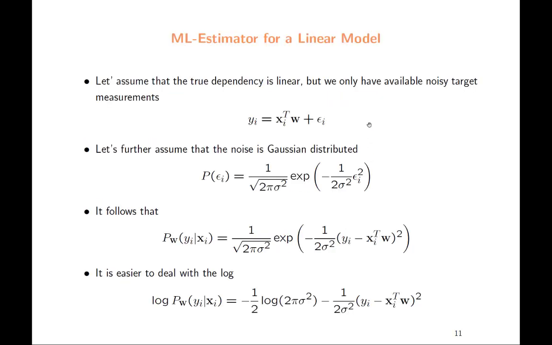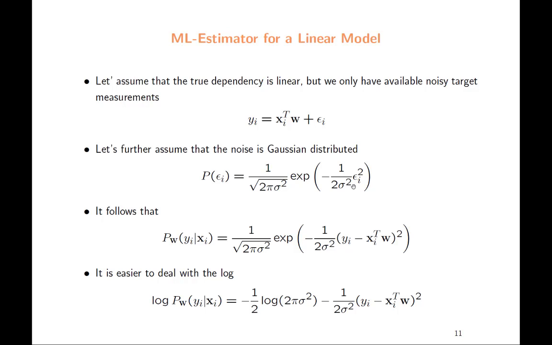Our favorite example is the linear model, which is already quite powerful because you can think of working in a basis function space. Here it is written in vector form: a scalar product plus some noise. We make an assumption, for example, that this noise is Gaussian distributed with mean 0 and some width sigma squared.